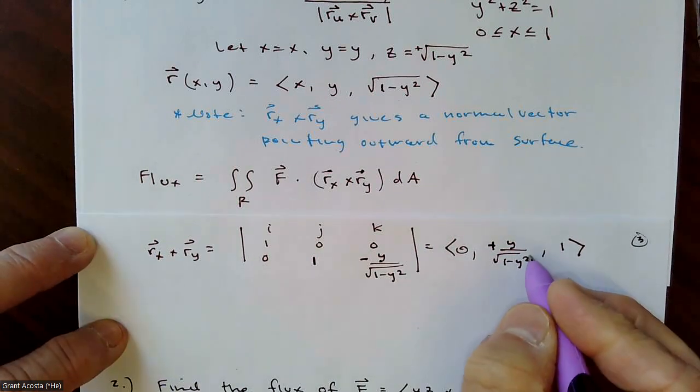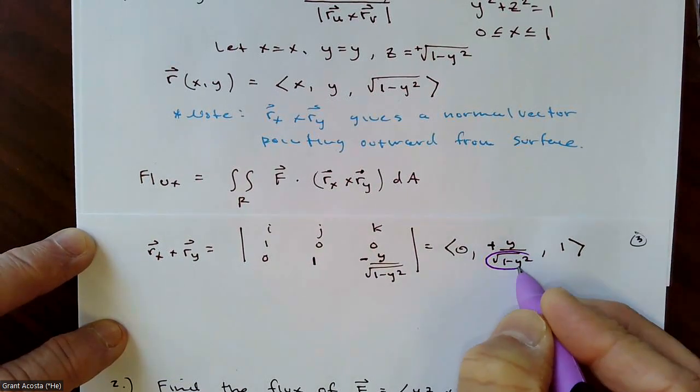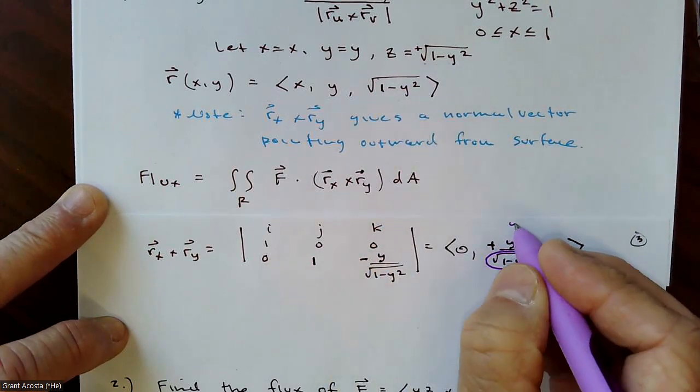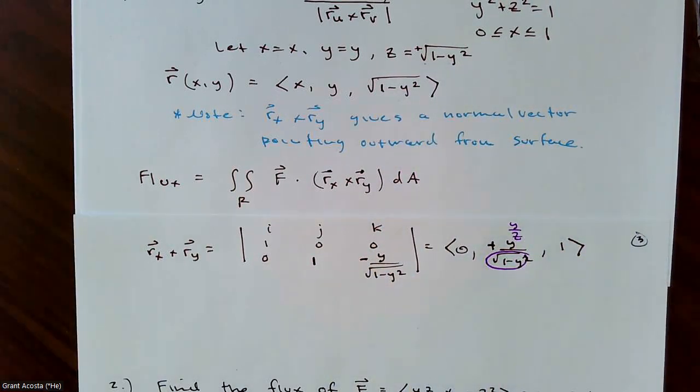Now, remember that the square root of 1 minus y squared is my z. So this is really y over z.